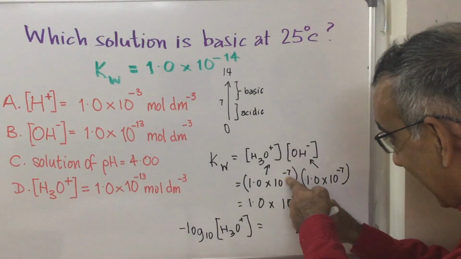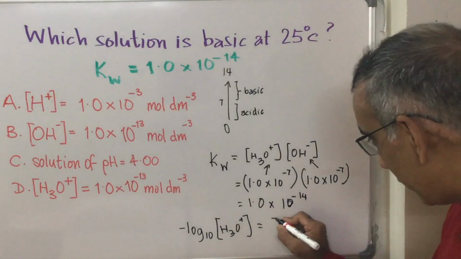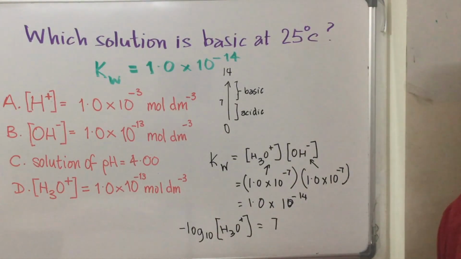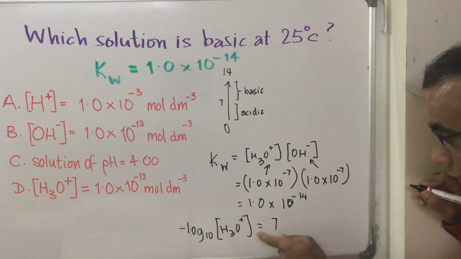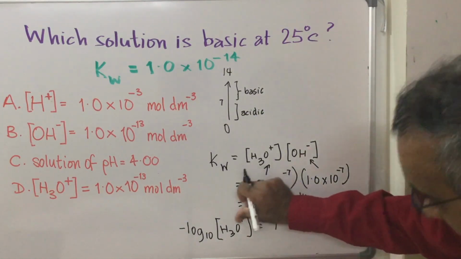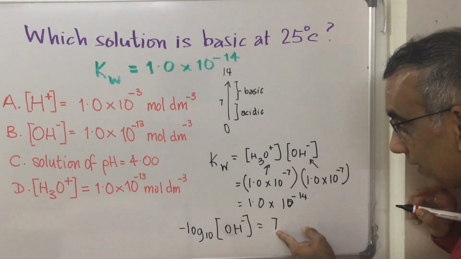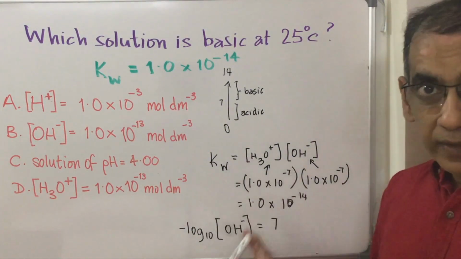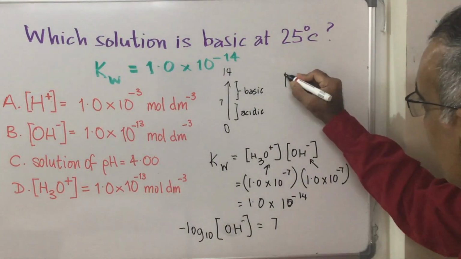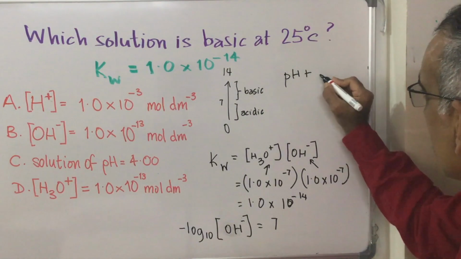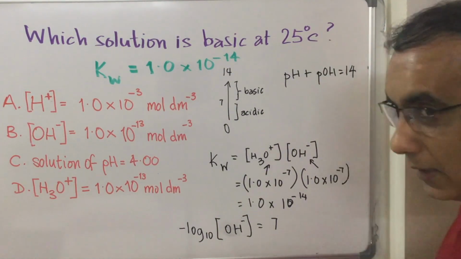And if this is 10 to the negative 7, then mentally you should know that this is going to give a pH of 7. So if we had to then find the pOH, which is the negative log to the base 10 of the hydroxide ion concentration, then that too would be equal to 7. So the pH of pure water at 25 degrees Celsius is 7. And students are familiar with that, the fact that pH plus pOH equals 14.